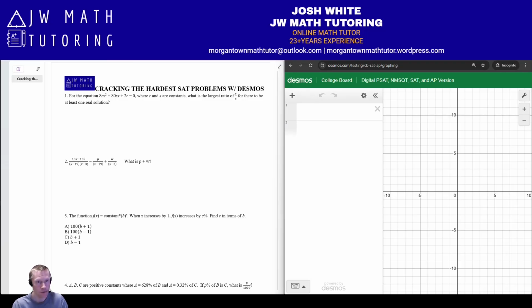Second thing is I've tried to pick problems where the Desmos solution is less work than what I would call the traditional method of solving the problem. However, there may be a couple where you are able to look at the problem and either visually or with a minimal amount of work figure out the correct answer by hand in the same amount of time or possibly less time than you solve it in Desmos.